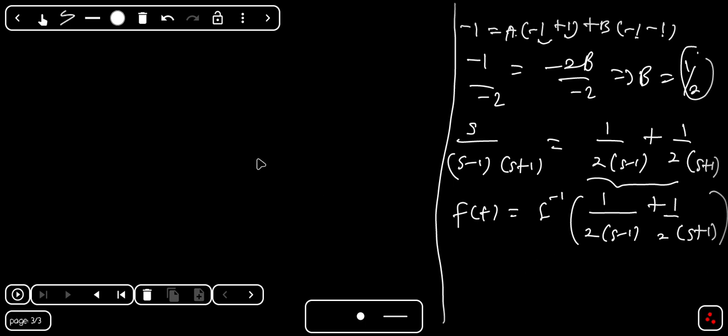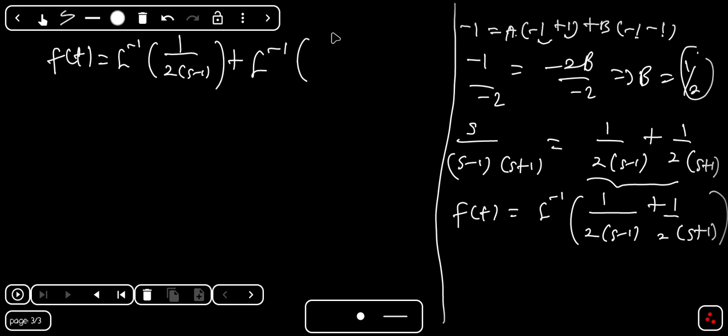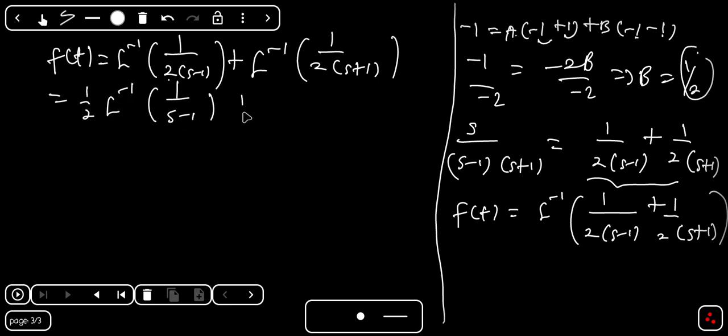Okay, so f of t will be equal to the inverse Laplace of 1 over 2 into bracket s minus 1, plus the inverse Laplace of 1 over 2 into bracket s plus 1. So you can bring out this 1 over 2. So you are going to have 1 over 2 multiplied by inverse Laplace of 1 over s minus 1 plus 1 over 2 multiplied by the inverse Laplace of 1 over s plus 1.